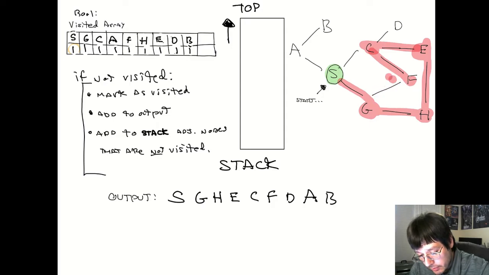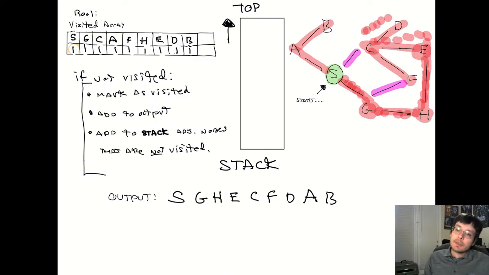And then from here, it went back to C. And then from C, it went to D. From D, it went back to C. And then it basically went back all the way to the beginning. So it probably went back all the way up here. And then it finally went this way and then this way. So we probably never ever touched this or that. Okay, but that's fine.